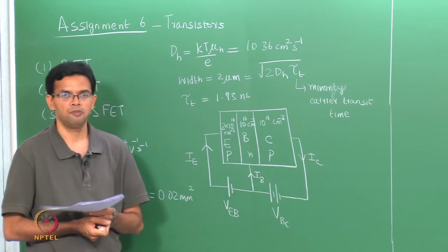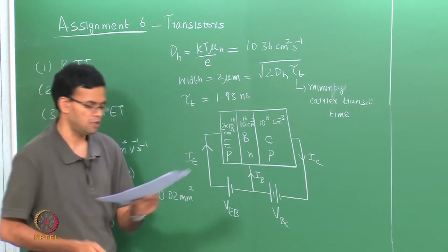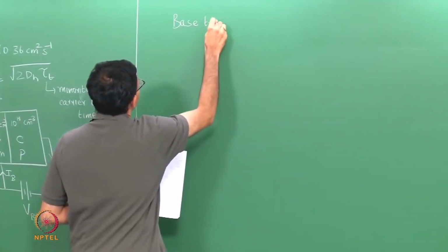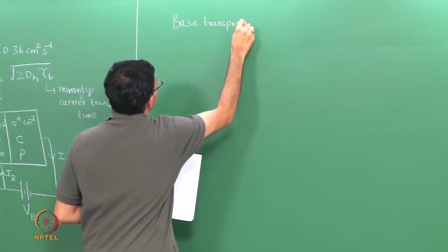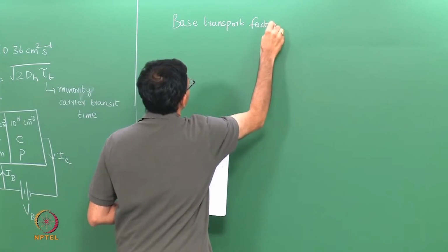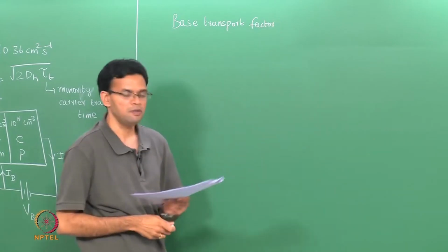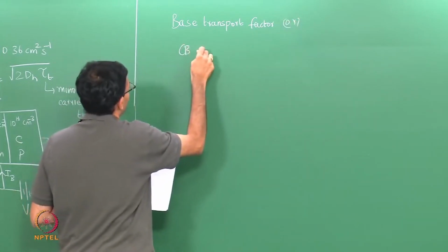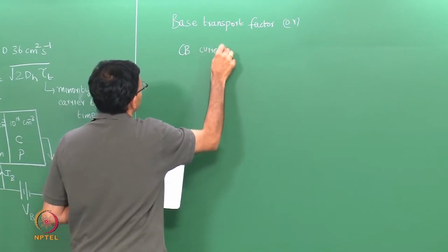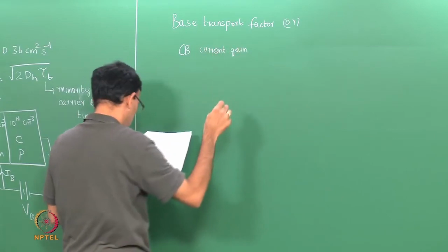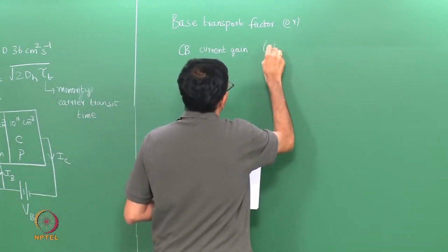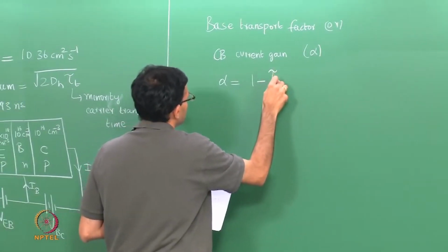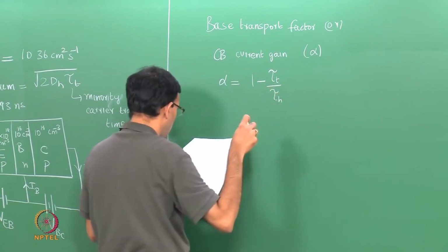So, based upon this we can define a base transport factor. This is also the common base current gain, or alpha. Another name for this is the common base current gain, and alpha is nothing but 1 minus tau t over tau h.